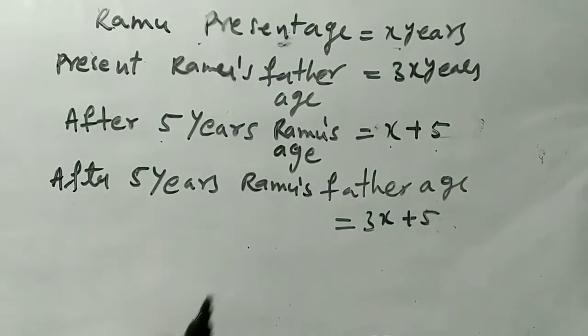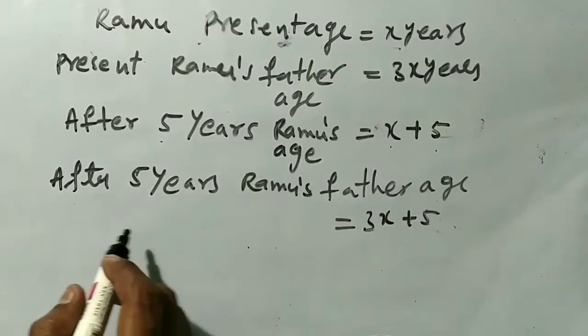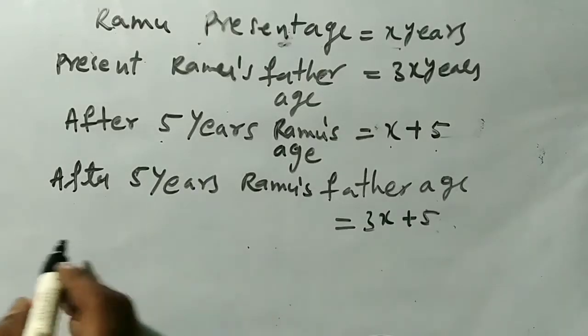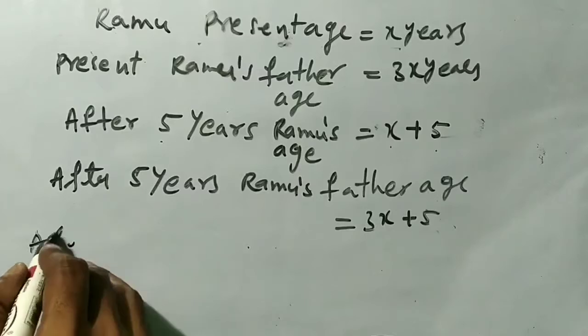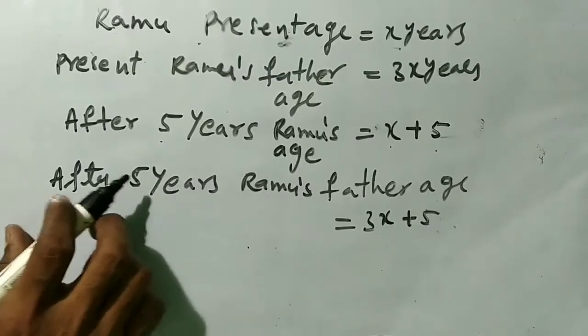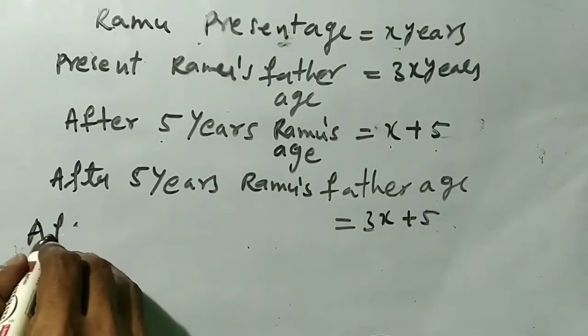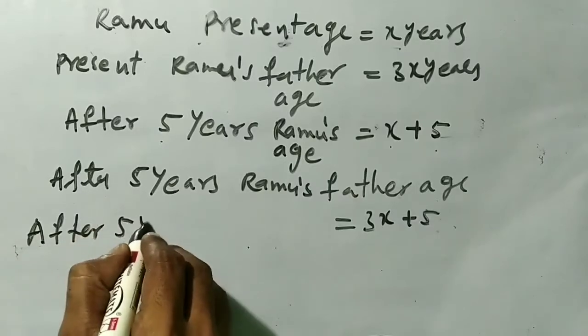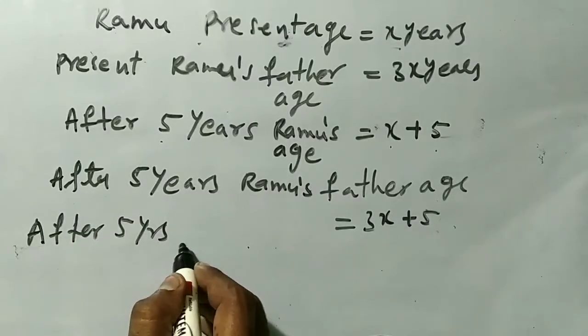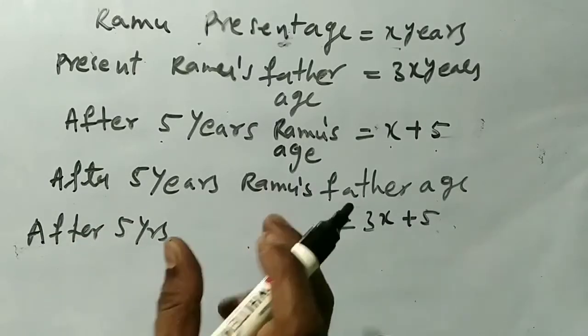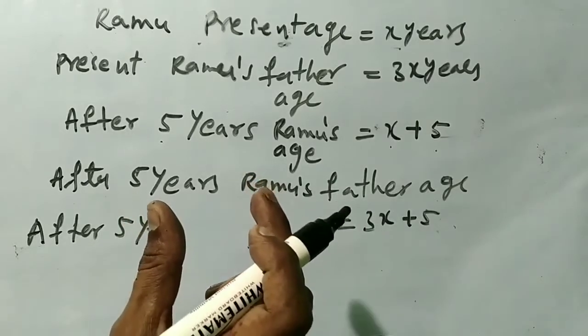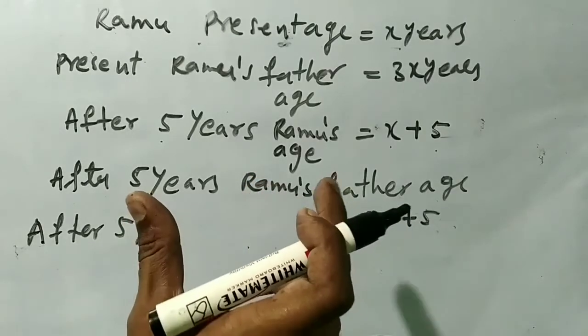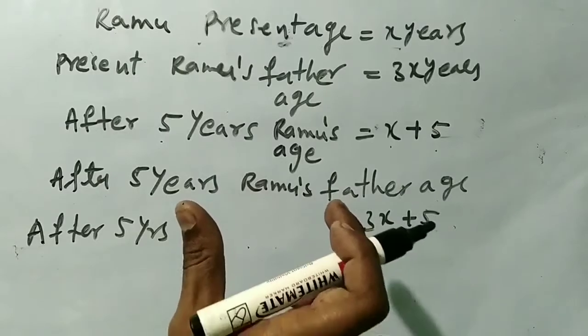And also they have said that after 5 years, the addition of Ramu's age plus Ramu's father's age is equal to 70.